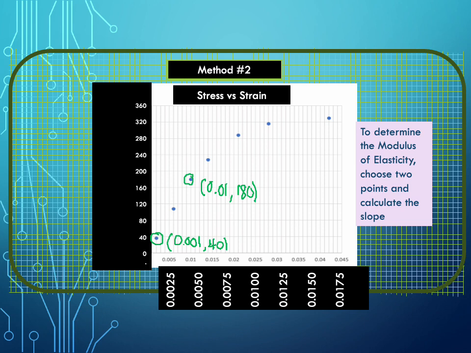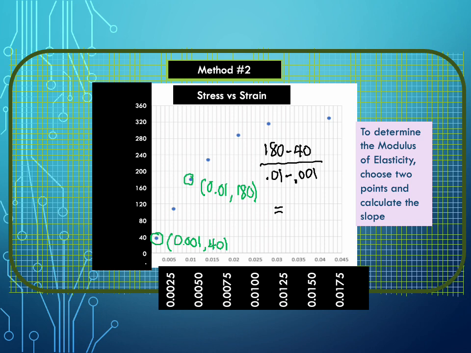Okay, so my modulus calculation is going to be 180 minus 40, the change in stress, divided by 0.01 minus 0.001 strain. So that'd be 0.009. So I need 140 divided by 0.009.